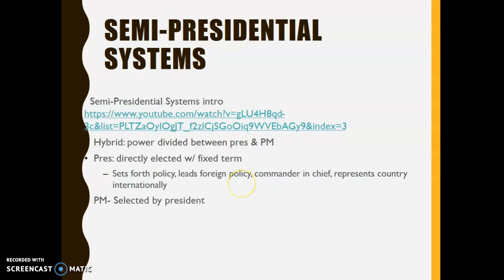And then meanwhile, the president selects the prime minister. This person, however, is then subject to the confidence of the legislature. So the president puts a prime minister in the position of coordinating and running the legislature, but the other members of the legislature could still express displeasure at the way that that prime minister is running things.